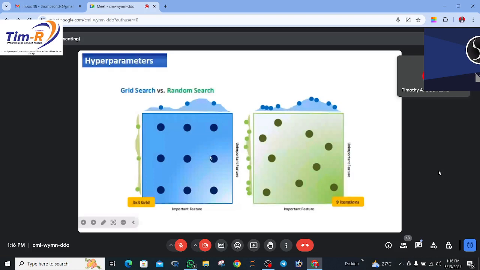This axis is the important feature, this axis is the unimportant feature. It is going to show them together, and you are going to know which one is important and which one is not. The same thing goes for the random search as well. It also helps us to highlight the important and unimportant features.